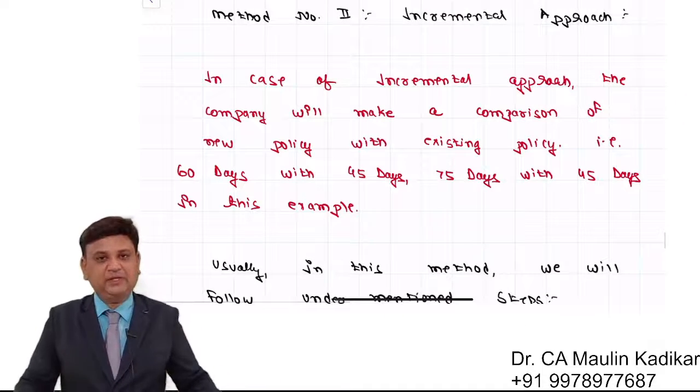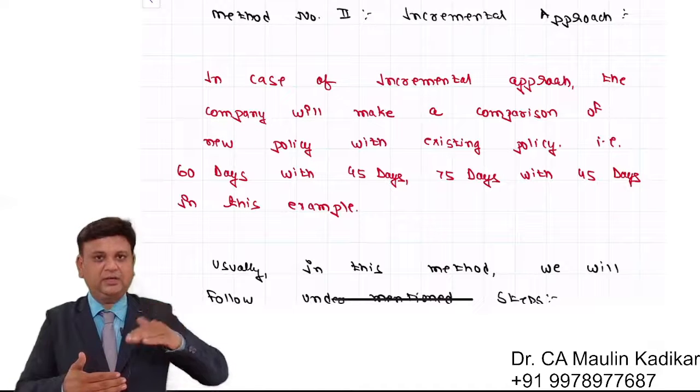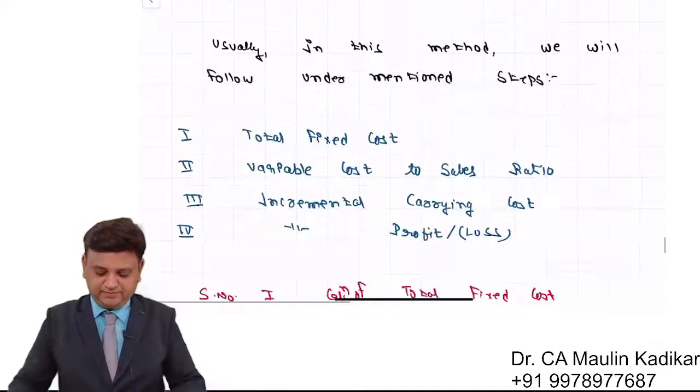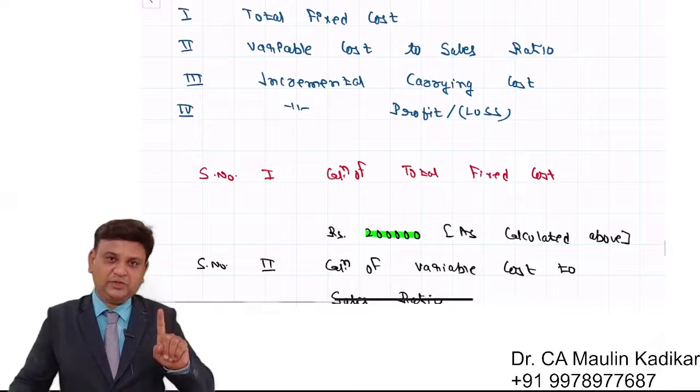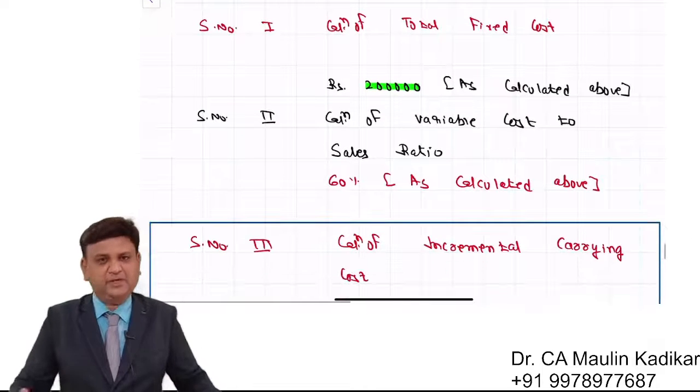Method number 2, incremental approach, new over existing, new over existing. Total fixed cost, variable cost to sales ratio, incremental carrying cost, incremental profit loss.